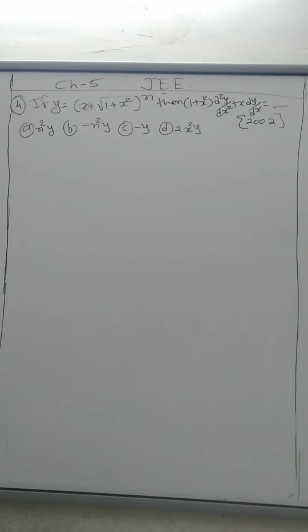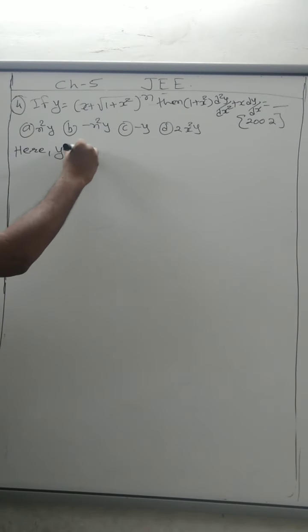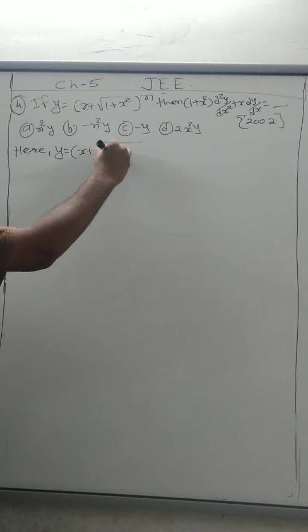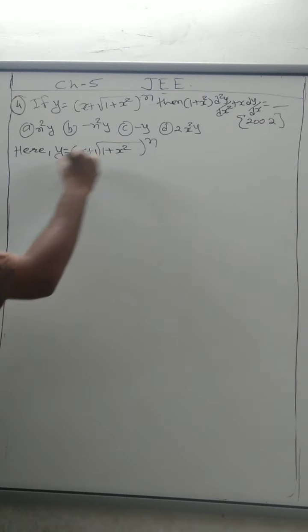Next sum. If y equal to x plus root 1 plus x square raised to n, then 1 plus x square into d square y upon dx square plus x dy upon dx is equal to dash. This is a 2002 question. So first of all, y equal to x plus root 1 plus x square raised to n.